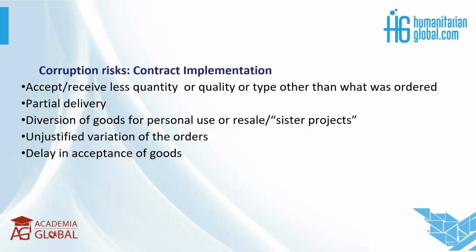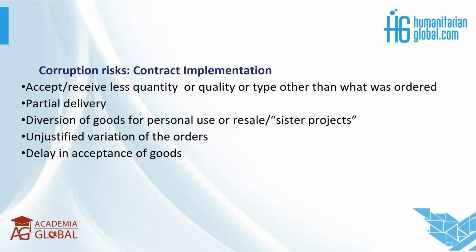The other one is unjustified variation of the orders, where this is what we agreed, and then there is a variation. If we agreed we want this type of maize, you cannot be bringing another type of maize unless it is justifiable and in writing. In writing is very key for anyone. If anything in procurement is not in writing, then it is very easy for it to come back and bite you.